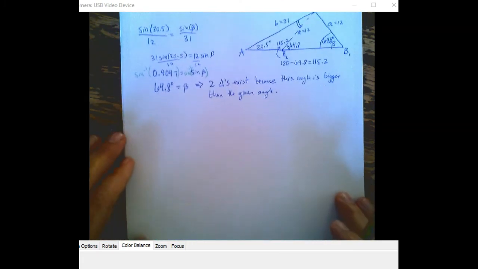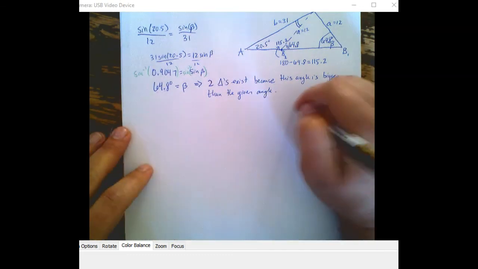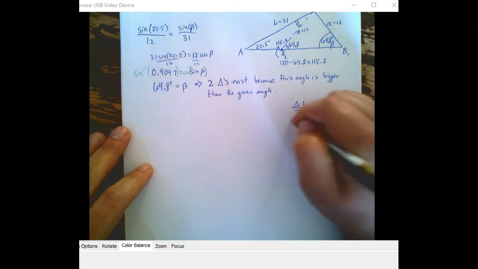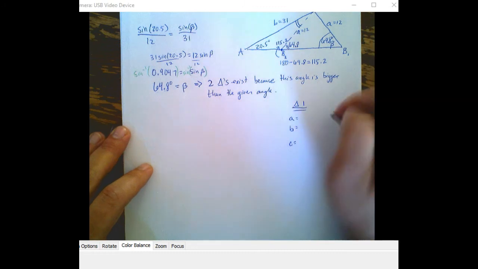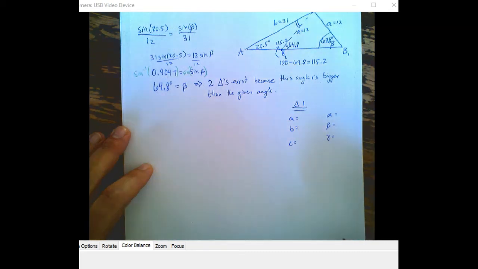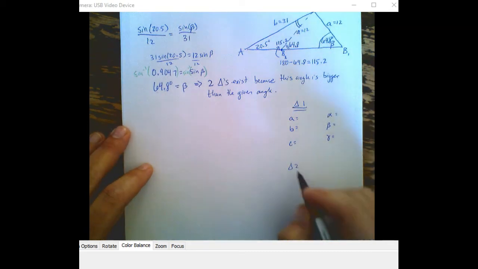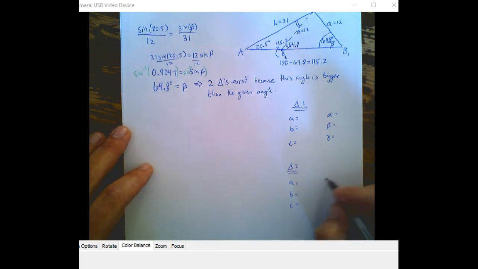So I'm going to go down here and let's say triangle 1. You know, a, b, and c. And alpha, beta, gamma. And triangle 2. a, b, c. Alpha, beta, gamma.